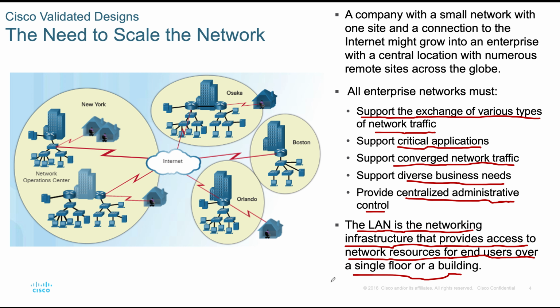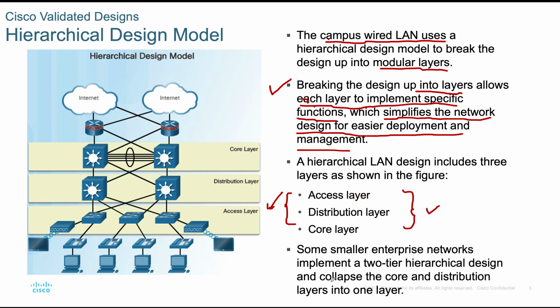If your faculty of engineering is in a different building from the faculty of social sciences, this is a very big local area network. But for a small or medium-sized enterprise, a LAN is usually a networking infrastructure that enables you to have access to network resources within a building. Is that okay? Now let's move on quickly for the sake of time.